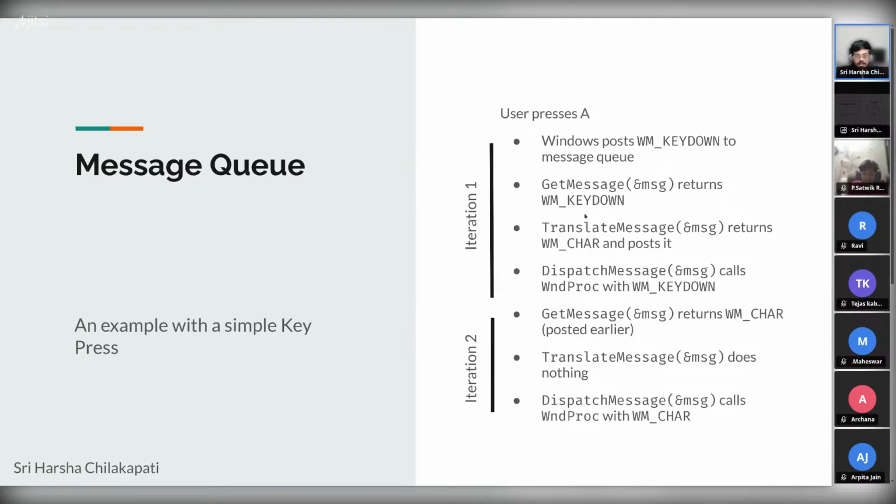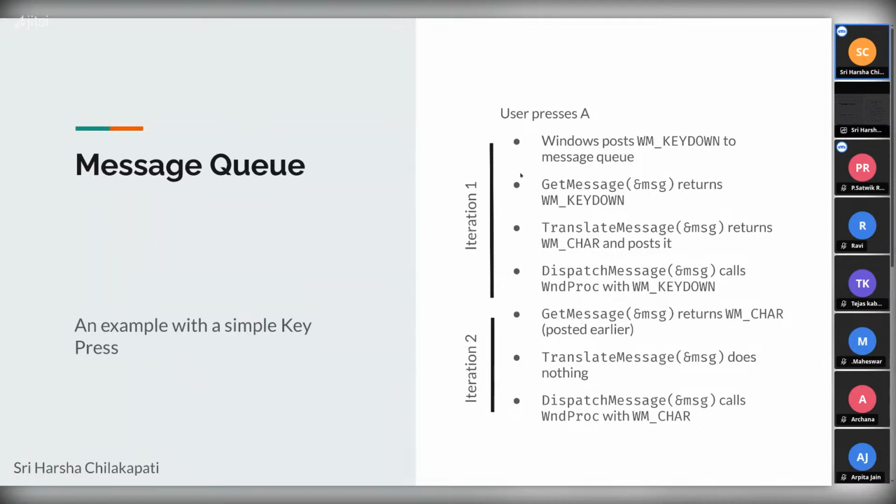It's a constant, you don't need to worry about that. TranslateMessage takes the key down and converts that into a character type, which is a character with an ASCII A value. And DispatchMessage simply calls our WndProc, which is our callback, with WM_KEYDOWN.